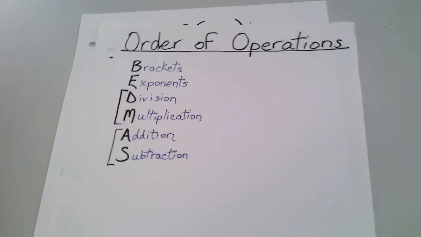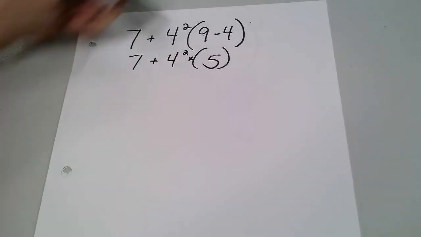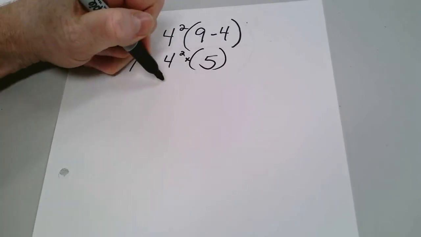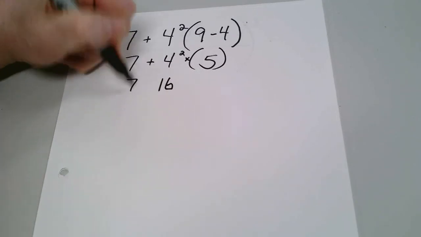So back to the order of operations again. The next thing we do are exponents. So we do the 4 squared, and 4 times 4, remember it's not 4 times 2, but 4 times 4 is 16. And then I'll just rewrite everything else.